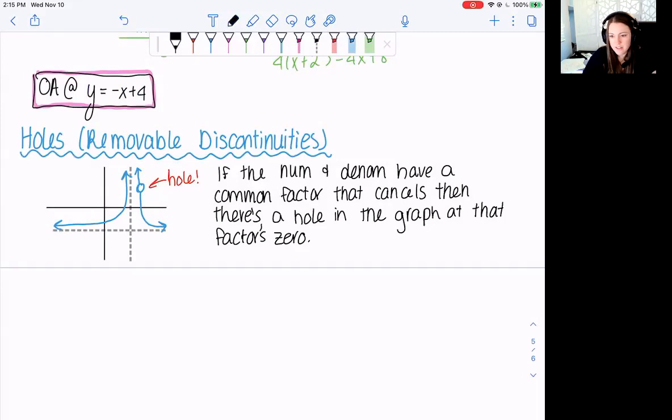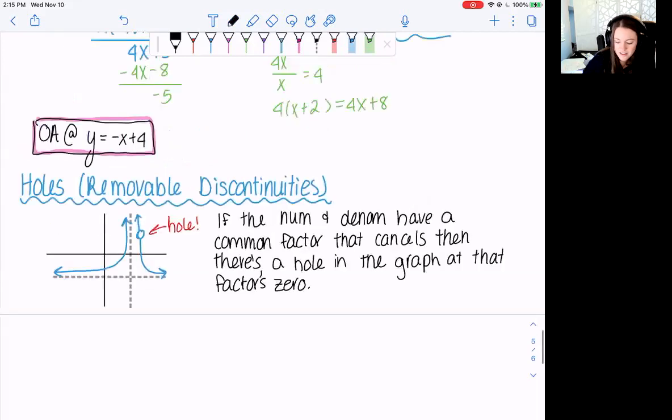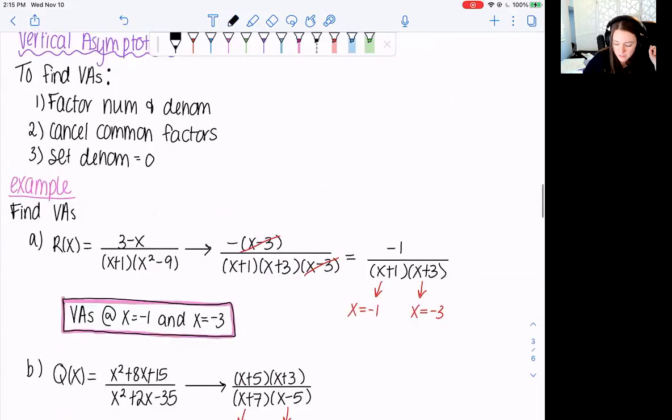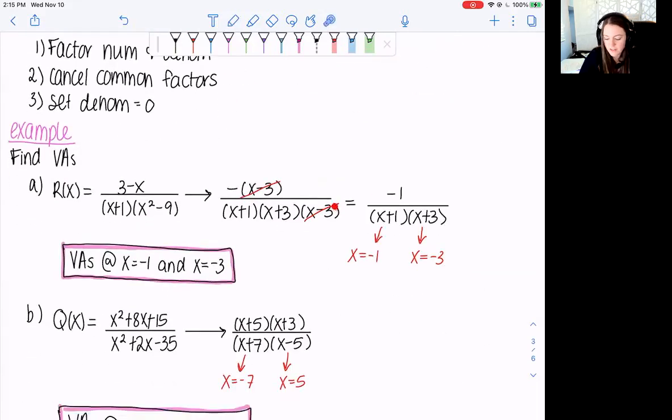So here's how it works. You're going to find the 0. Go back up to this guy here. You find out what the 0 would be. So in this case, it would be the 3. And then you take that x value, that's the x value of the hole, because the hole is at a certain point. That'll give you the x value.